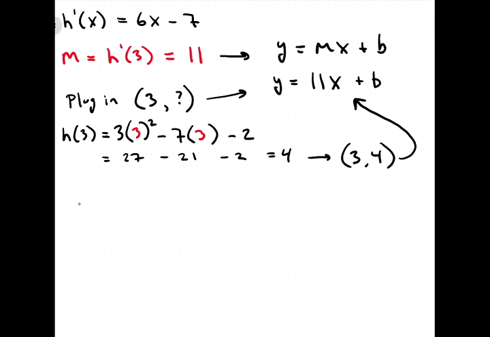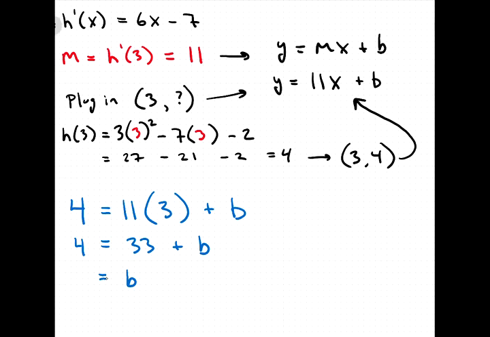So when y is equal to 4, x is equal to 3. So y equals mx plus b, or 4 equals 33 plus b, or b is equal to negative 29.